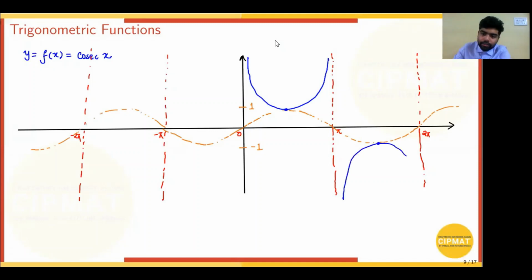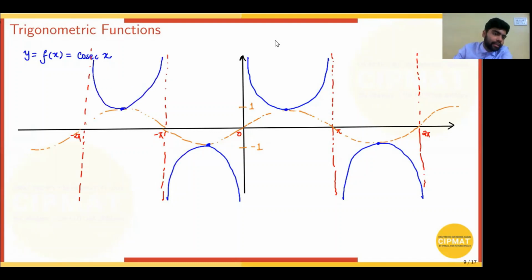It is going to be asymptotically close to those lines. Again, over here, it's going to be like this, and over here, again, it's going to be like this. Here, it's again like this. And the graph will continue like this to positive infinity and negative infinity. So this is how the graph of cosec x looks like.